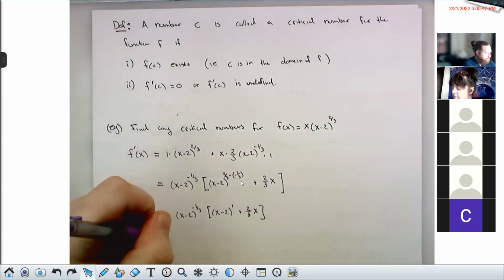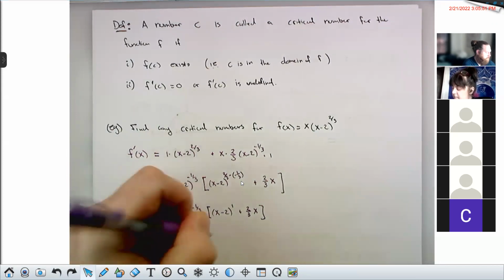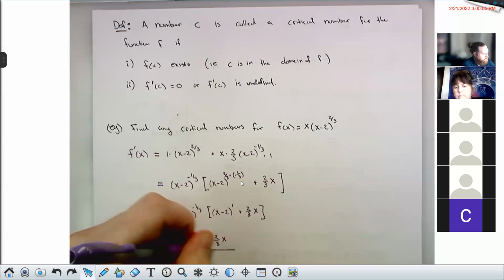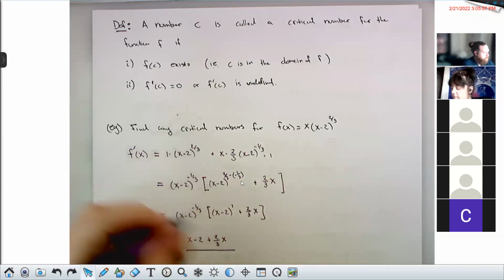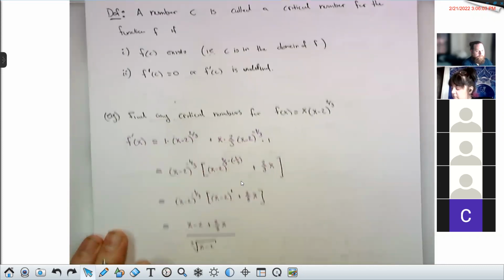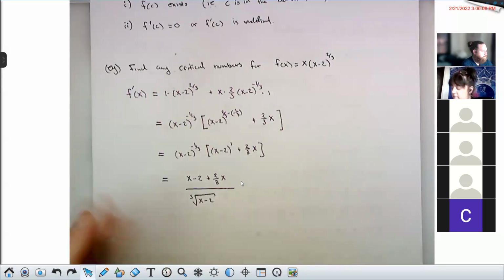Now go ahead and take that term and stick it downstairs. So this is x minus 2 plus 2/3 x divided by x minus 2 to the 1/3, or the cube root of x minus 2. There are some like terms upstairs.